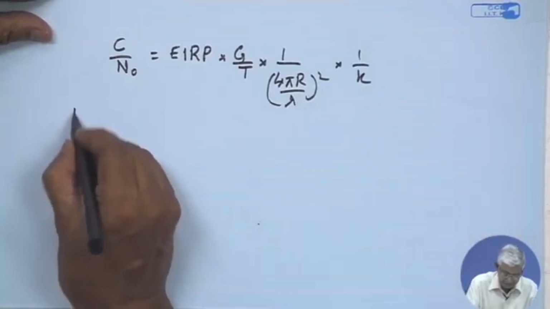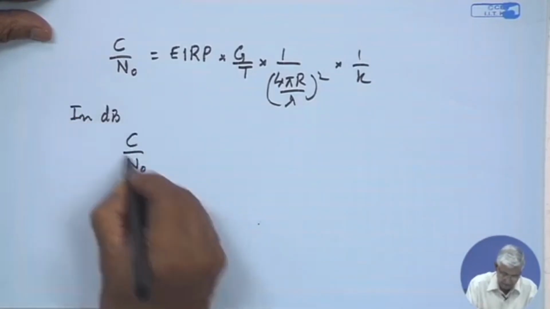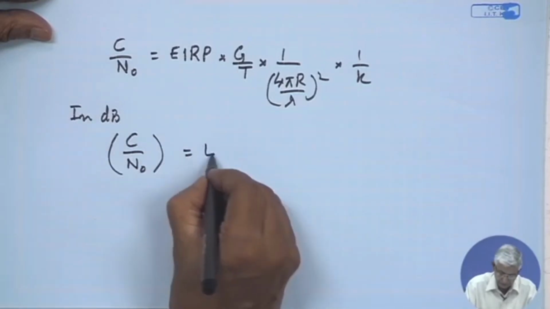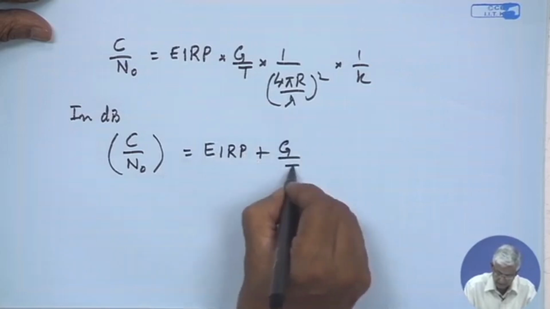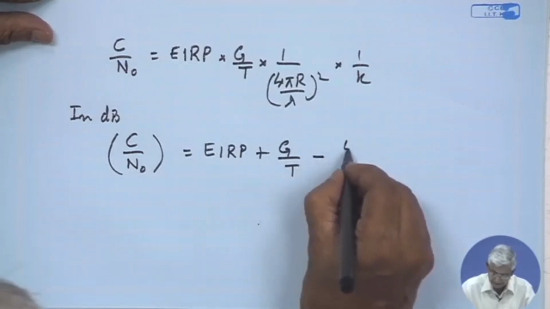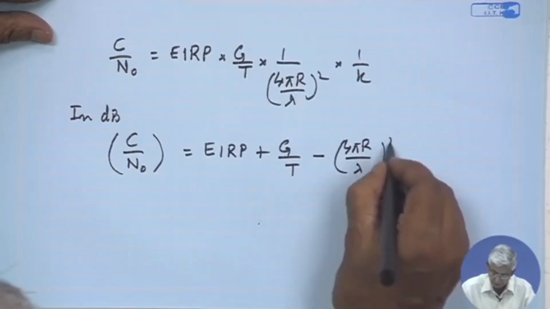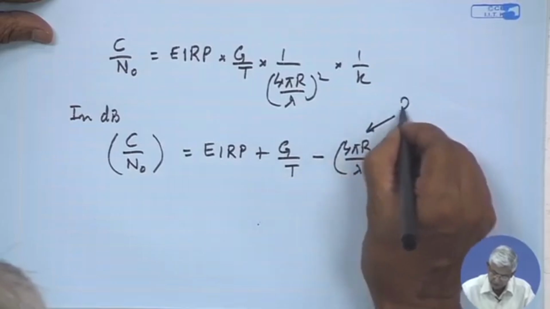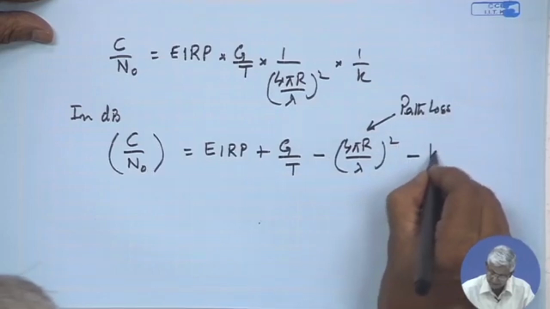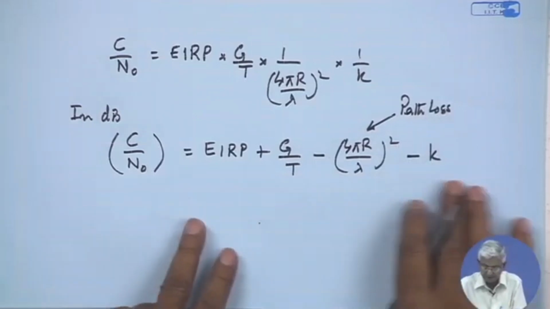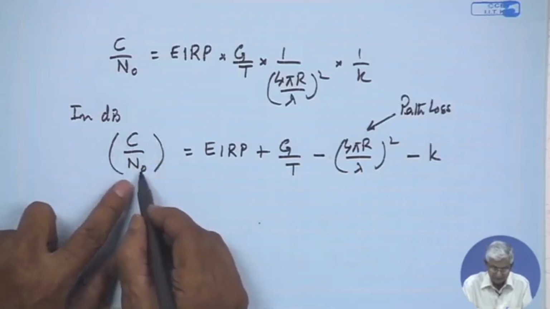And in dB it will be C by N naught is equal to EIRP plus G by T minus (4 pi r by lambda) whole square, which is path loss, minus K. So, it is in dB terms, and the unit is dB hertz because it is N naught, hertz has gone up.